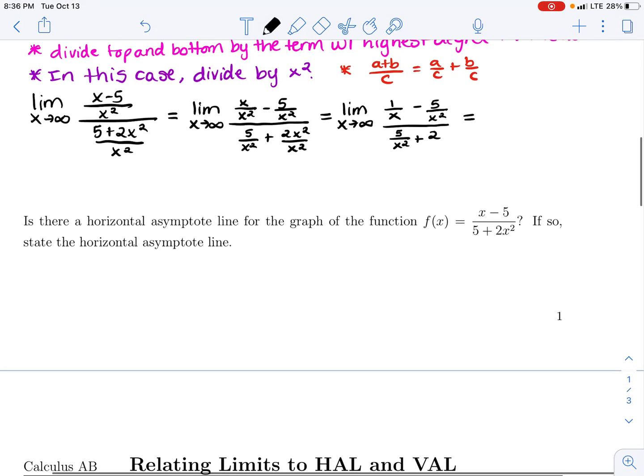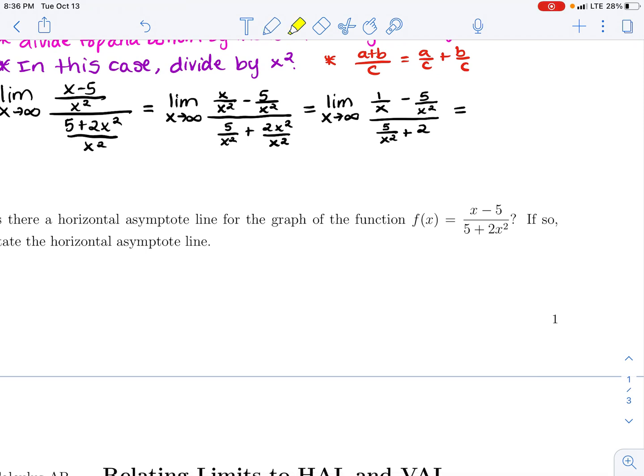Okay. And so now here's the idea. We're going to look at each piece. Okay, and then this is just 2.